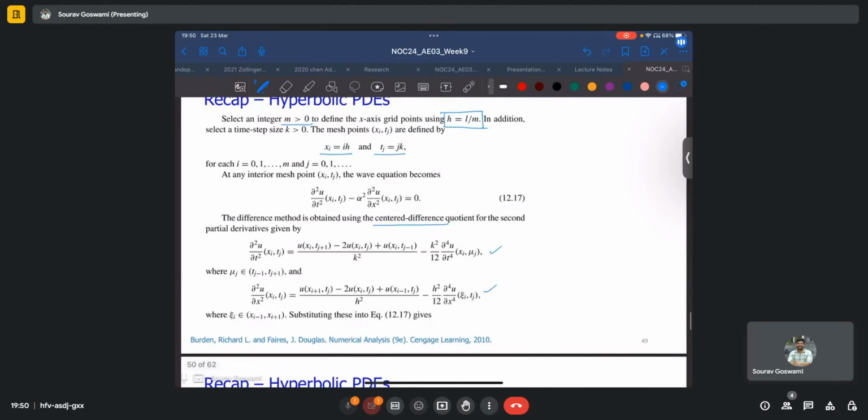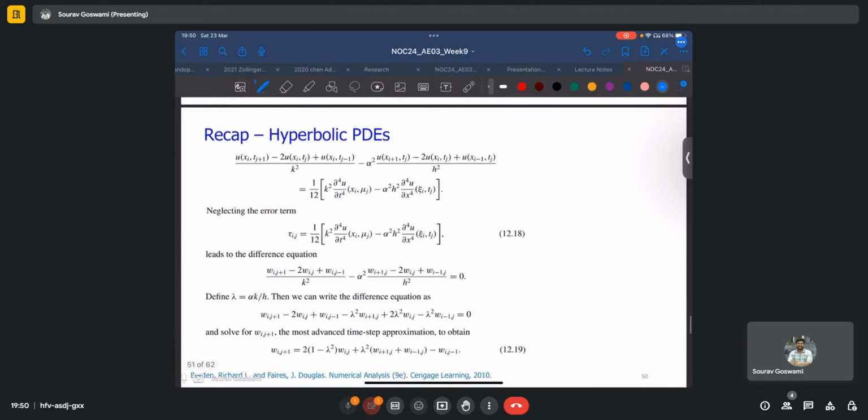Substituting these into the standard form of the wave equation at an interior node gives us this, with an error term which is 1 by 12 k square del 4u del t4 and so on.